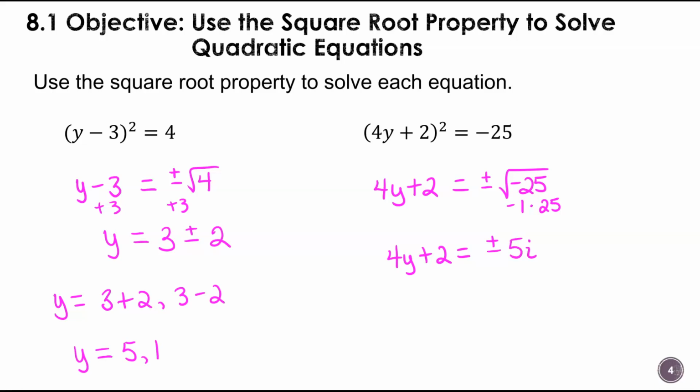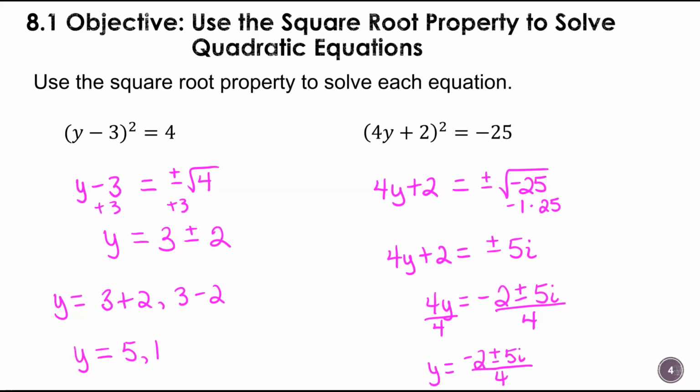I need to subtract the 2, right, on both sides. So 4y, remember I'm going to write the negative 2 in front of 5i, and then we will divide by 4. Okay, now you can leave it in this form, right? y equals negative 2 plus or minus 5i over 4.